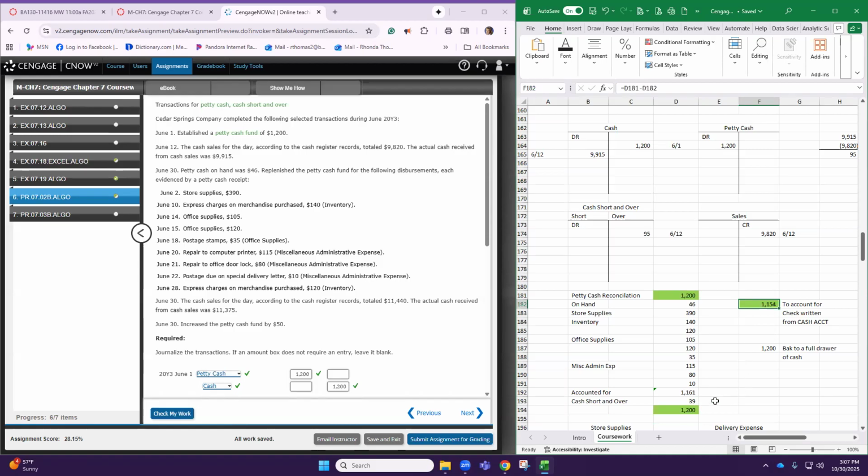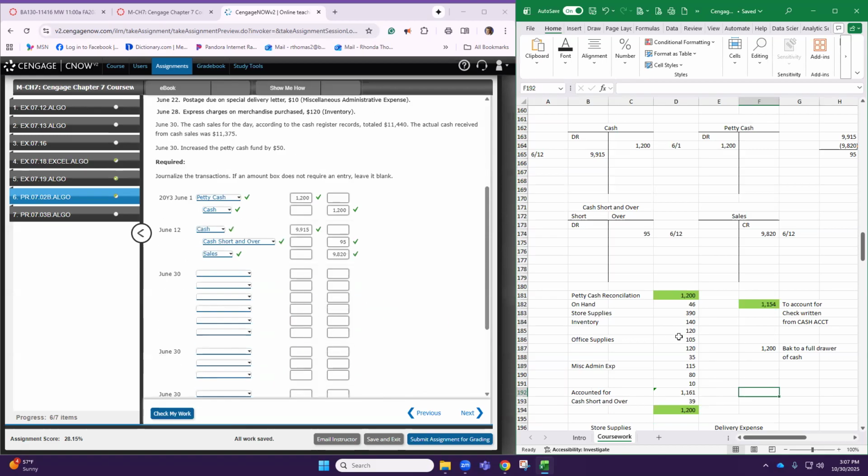So how much is it going to take to replenish the drawer? That's what we accounted for. But what is the difference? So the difference is right here, 1154, and that's what this should be.